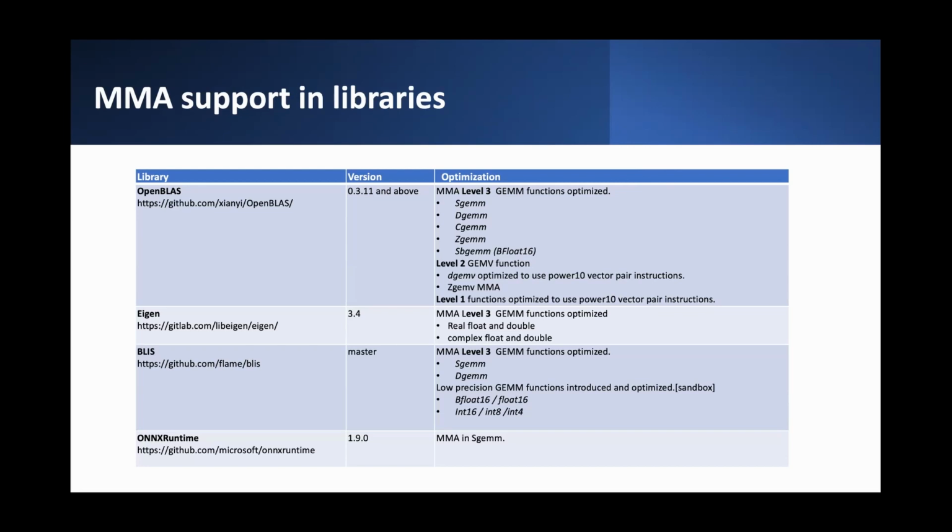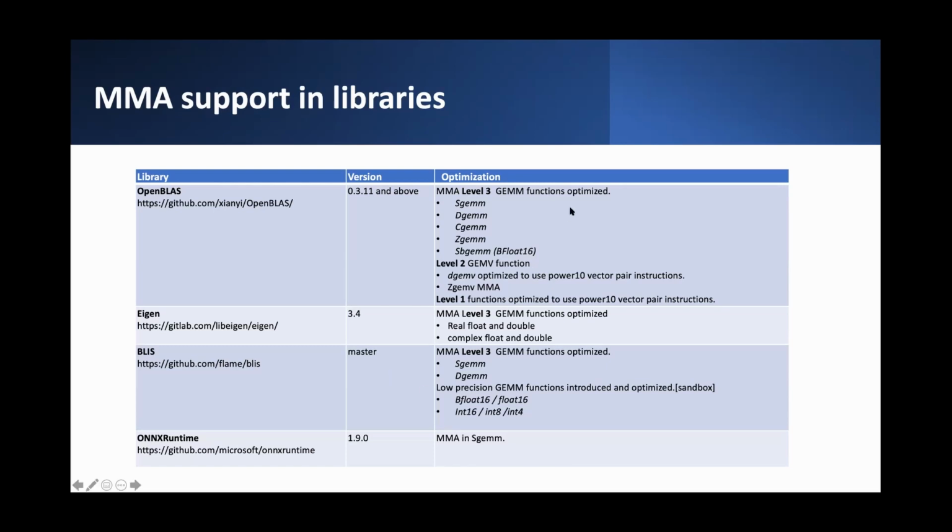So one good thing about all these libraries is they have dynamic CPU detection. Depending on where the library is running, it can automatically detect the processor type and take the appropriate optimization. For example, OpenBLAS, even if it is built on a Power9 system and moved to a Power10 system, is capable of detecting the hardware and picking up MMA depending on the processor type.